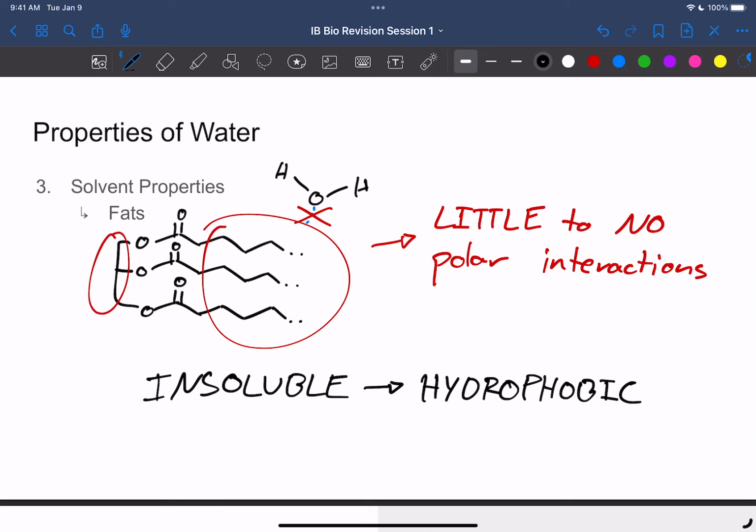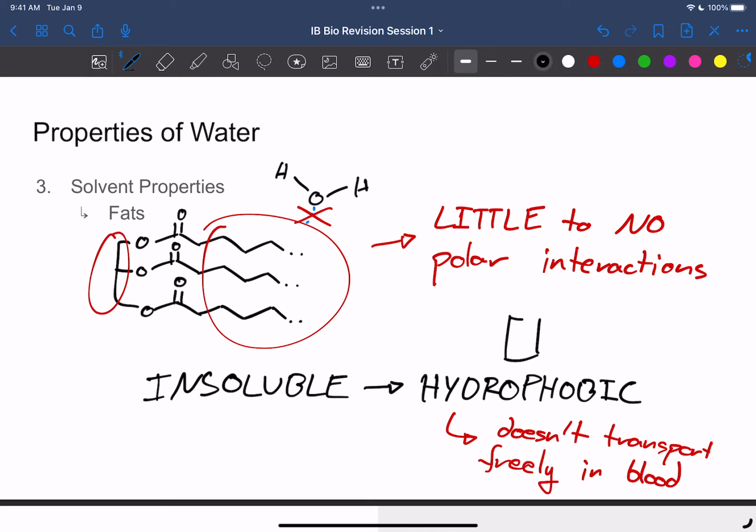And this is really relevant when it comes to transport through blood. It's not transported freely in the blood because it's hydrophobic. It's going to create this little layer on top. As an example, I'll draw a glass of water.